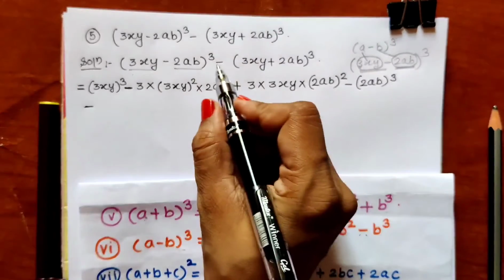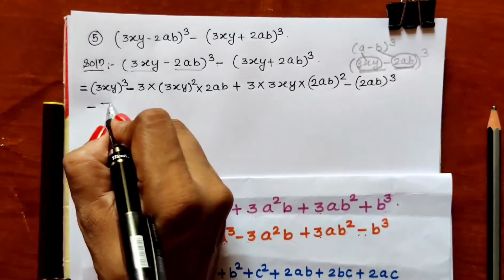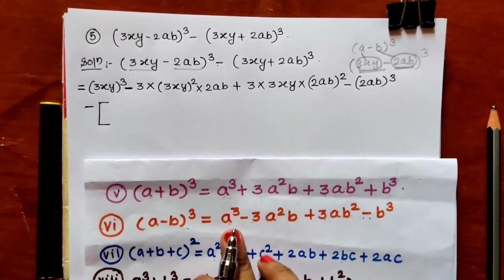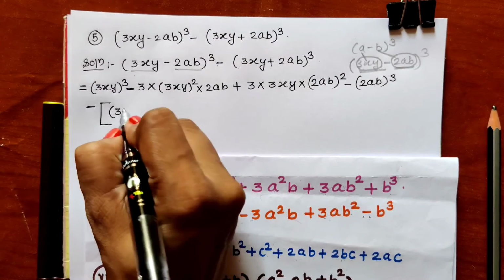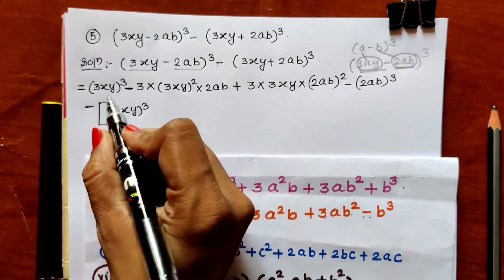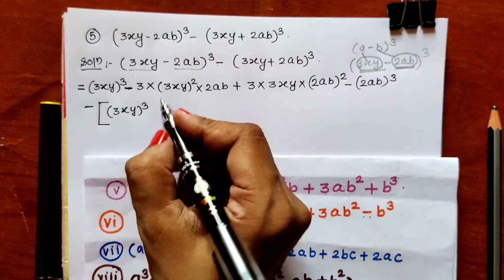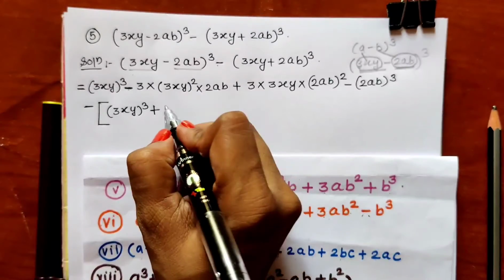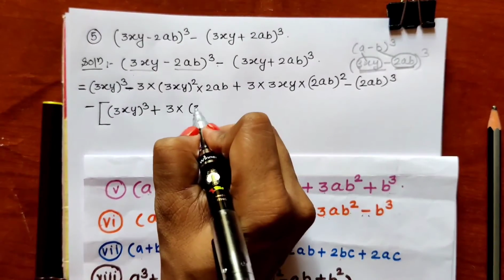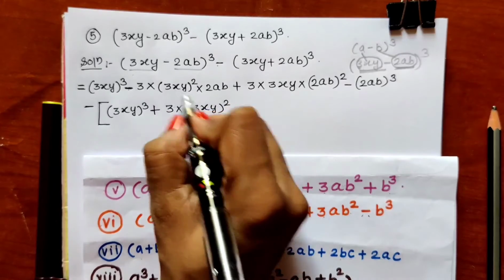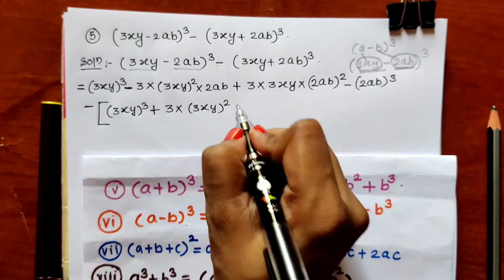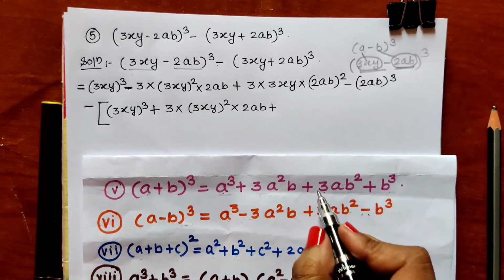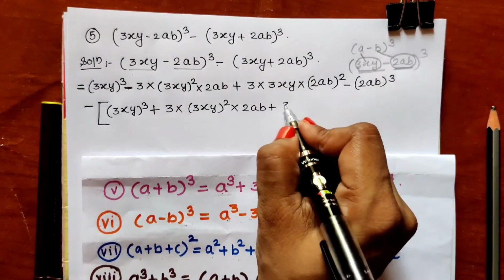We will first put the minus sign. This minus sign we are going to put, and then all the terms we will be writing inside the square bracket. So a cube means (3xy) cube. Okay, we have written it as it is. Minus sign is there, so we have to put the plus sign. In our expansion there is plus sign. 3 into (3xy) square we write as it is, only the sign will be plus, into 2ab, plus 3 into a into b square.